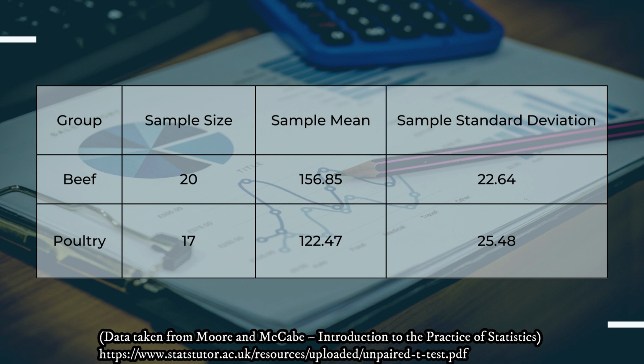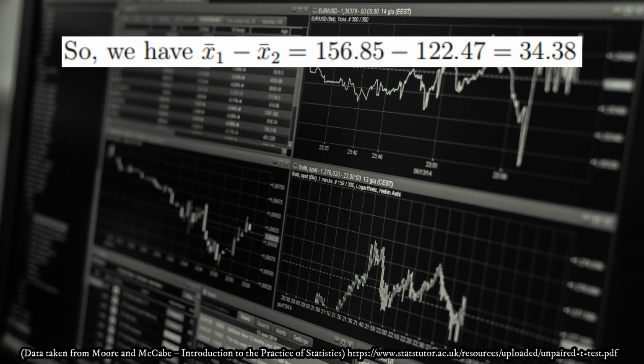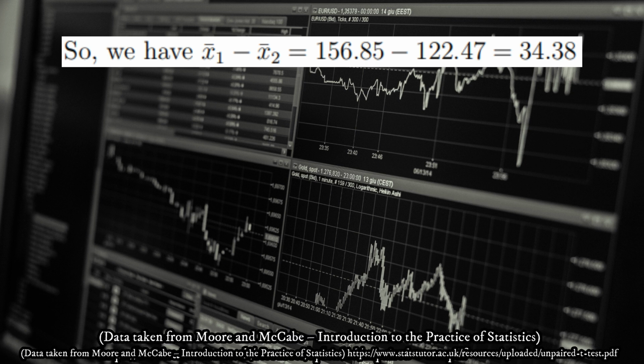With the help of the above data, we can get the mean difference, x1 minus x2. That means 156.85 minus 122.47, which is equal to 34.38.